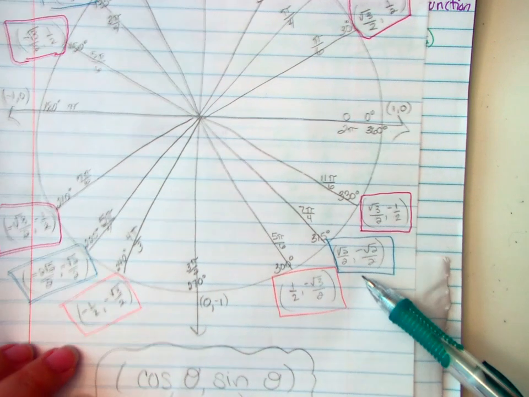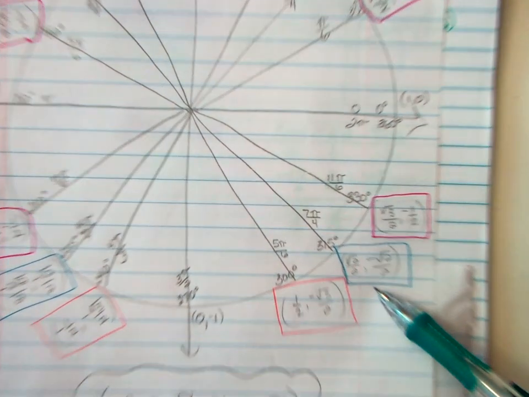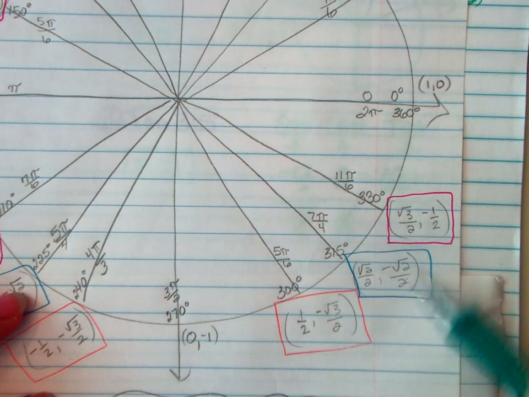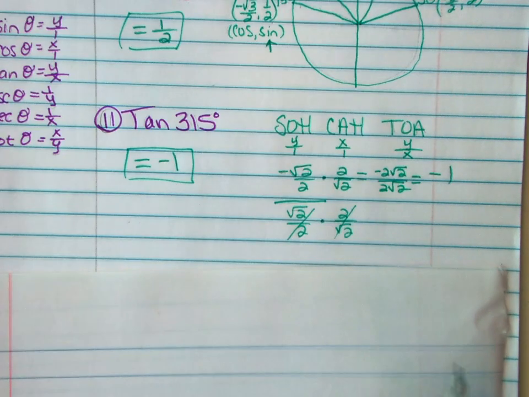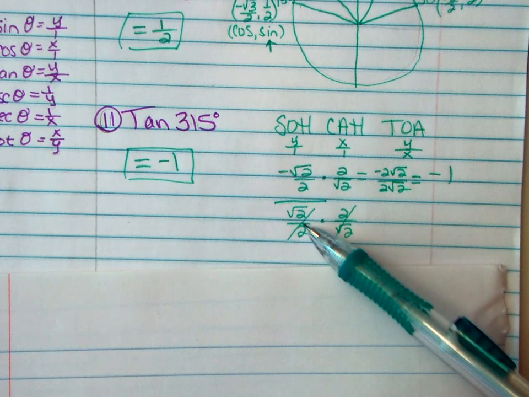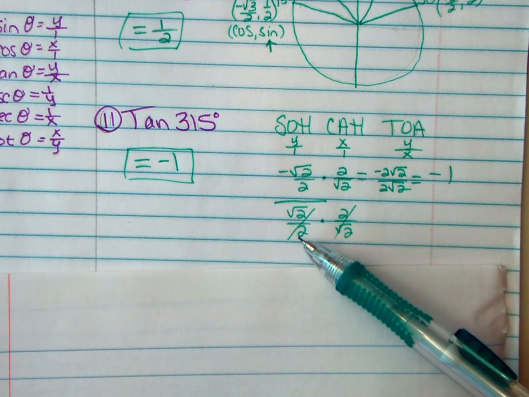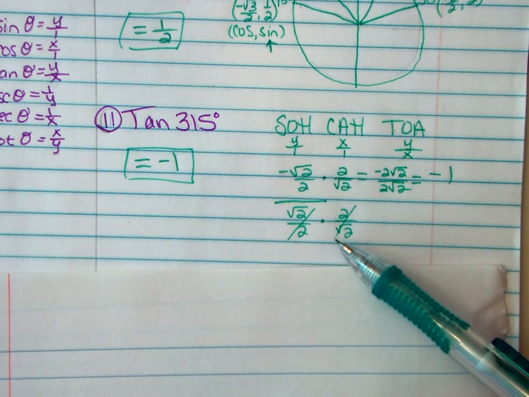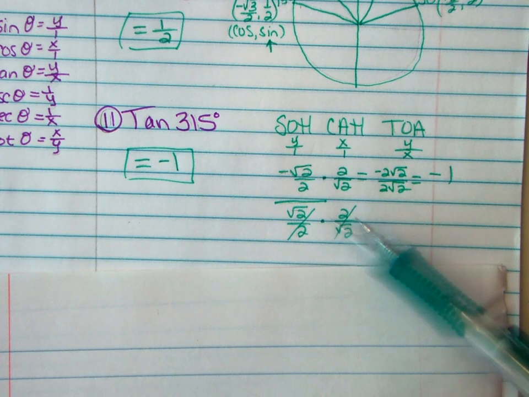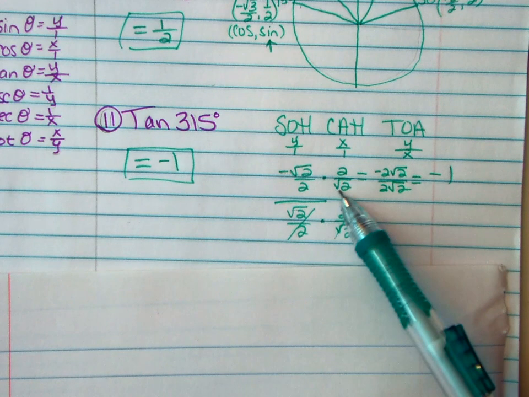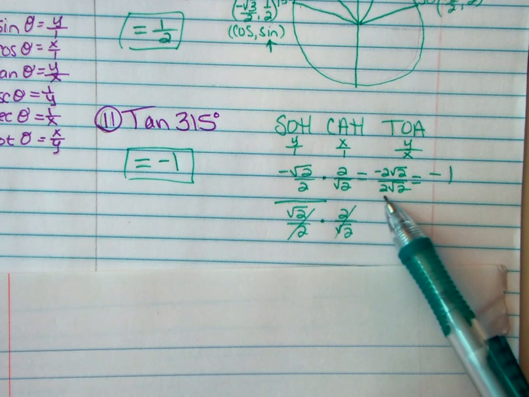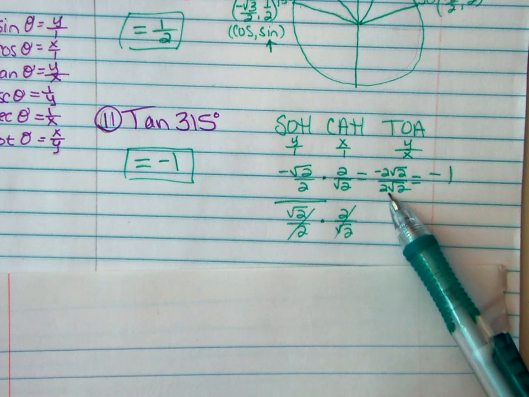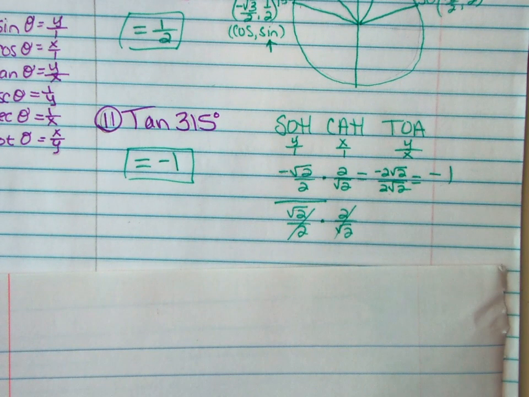Find your 315 degrees. y over x. That's where I got those from. So y over x, how do we get a fraction out of a denominator? You're going to multiply by the reciprocal. Then their denominators cancel, and now we just have this problem up here. So we have negative 2 square root 2 over 2 square root 2. Those cancel, and you're left with a negative 1. So negative 1 is our answer for number 11.